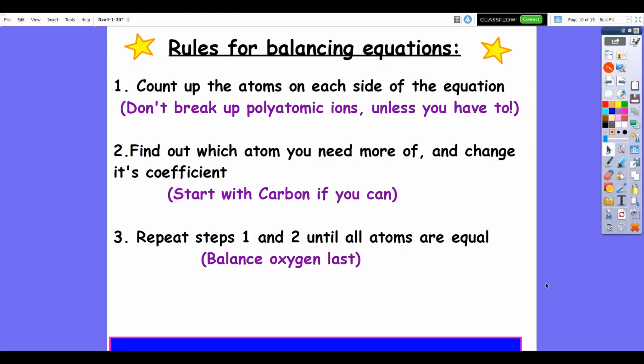And again, if you get the choice, you should always balance out your carbon atoms first, and you should always balance out your oxygens last. If you try to start by balancing your oxygens, you often get into a place where you can't actually solve your question. But if you wait until the end to balance your oxygens, take care of everyone else, you're going to have a much easier time. All right.